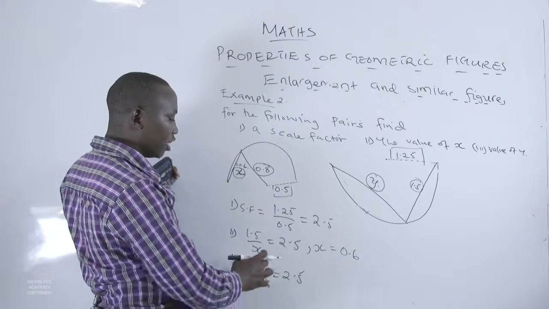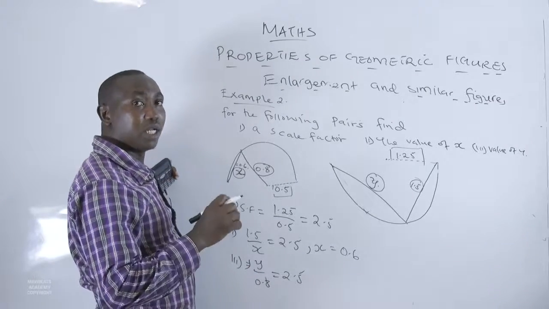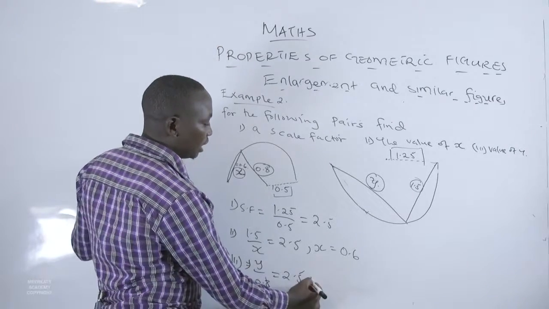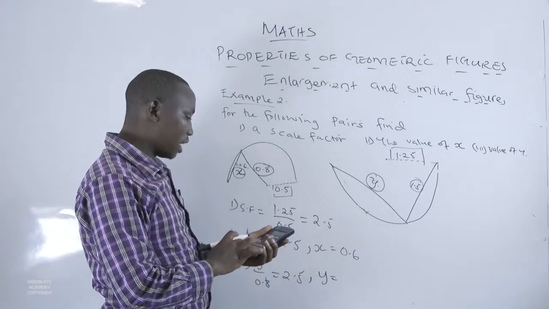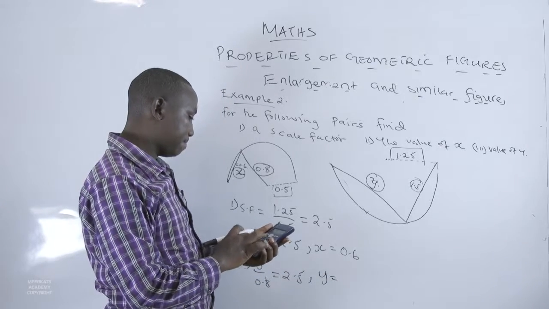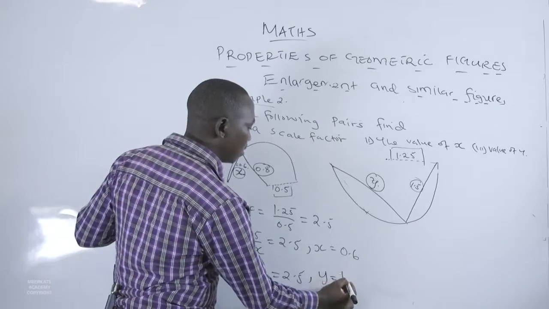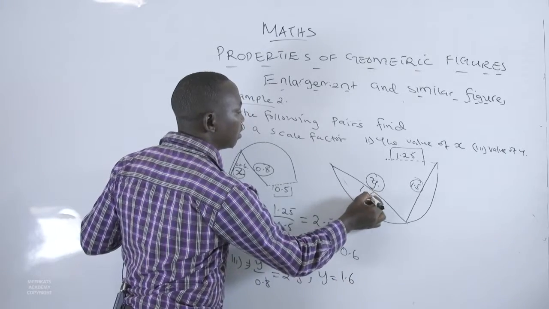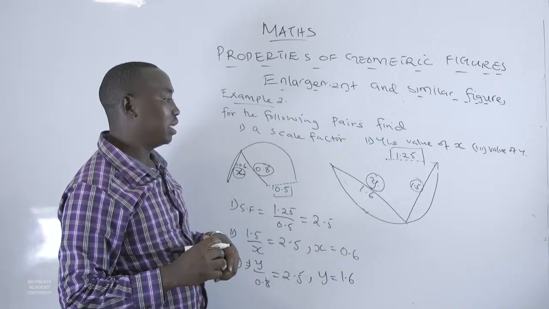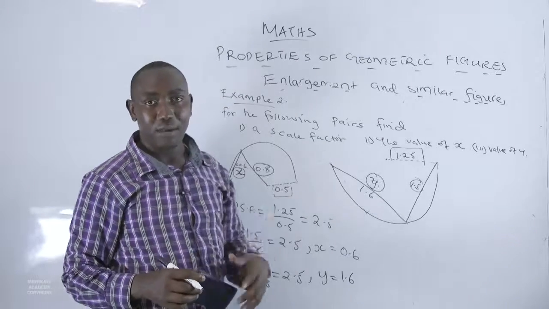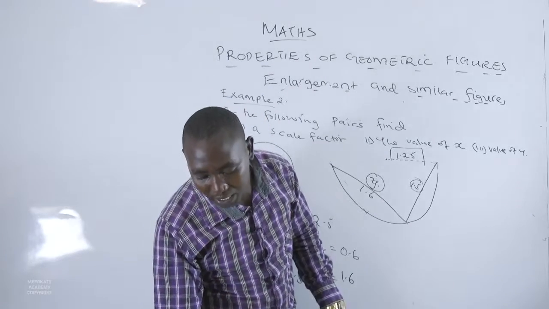So to get the value of y, we need to multiply both sides by 0.8. And this will give us y to be 1.6. So that is 1.6 units, which is the much longer side.